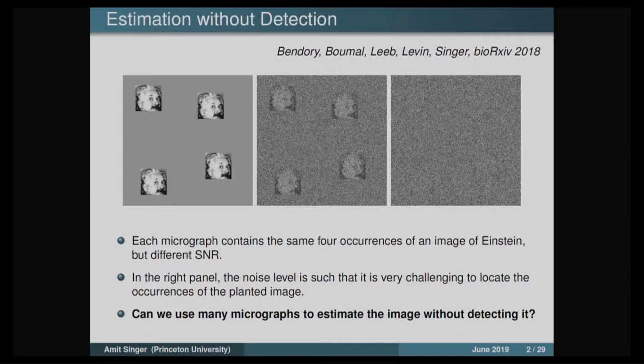And what are you going to get by averaging all of them? You're going to get the average value of noise, which is hopefully 0, and the average value of the pixels in the actual image of Einstein. So if I know the proportion of how many pixels belong to Einstein and how many belong to noise, I can estimate this very little information, the mean pixel value.